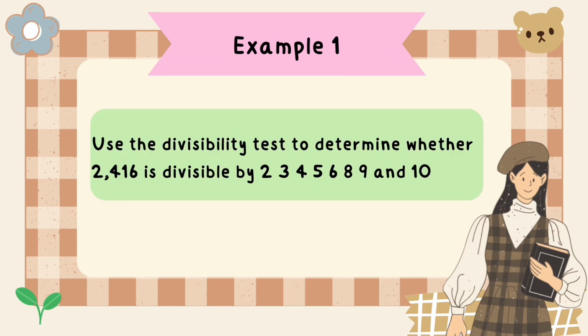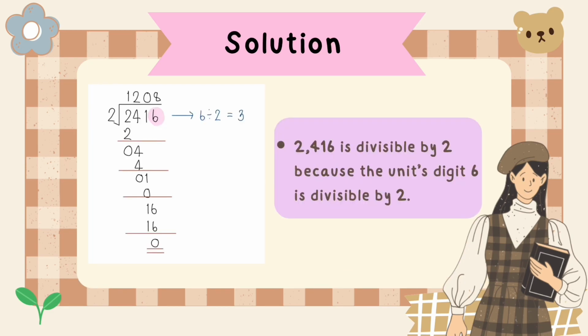Example 1. Use the divisibility test to determine whether 2416 is divisible by 2, 3, 4, 5, 6, 8, 9, and 10. Solution 1. 2416 is divisible by 2 because the unit digit 6 is divisible by 2.